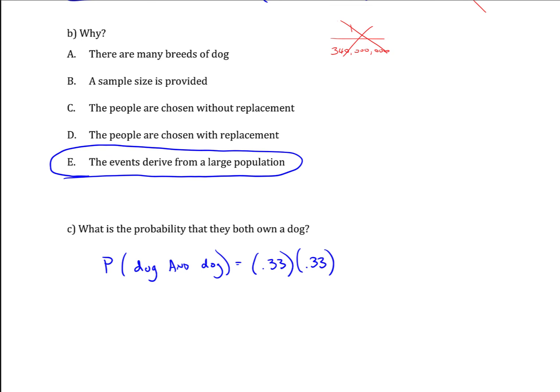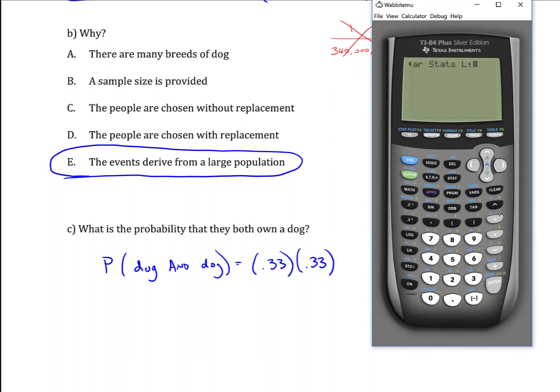These are equal to each other. So then what we would do is multiply those. So 0.33 times 0.33. And of course you could use 0.33 to the second power. That's fine. Either way you get 0.109.